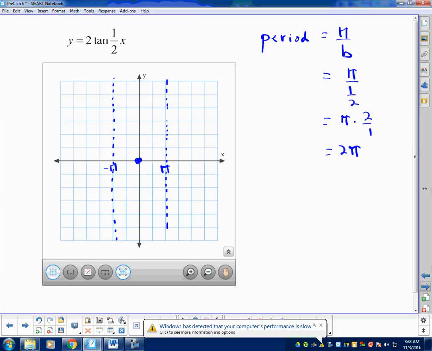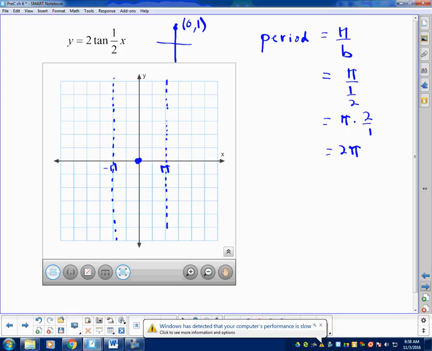Let's just double check this. Plug in pi here for x. What's tangent of pi over 2? Draw a picture again. Undefined, okay? So did you see why I have a vertical asymptote at pi? If I plug in pi, tangent is undefined.